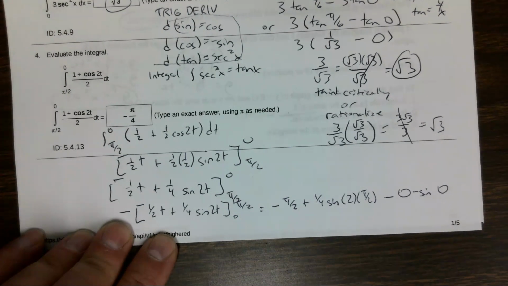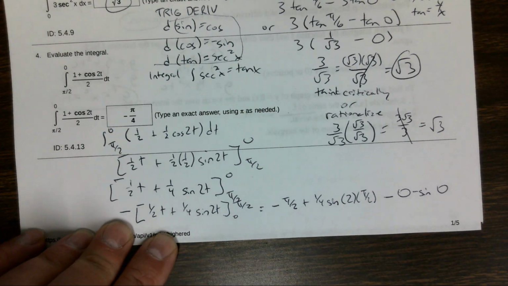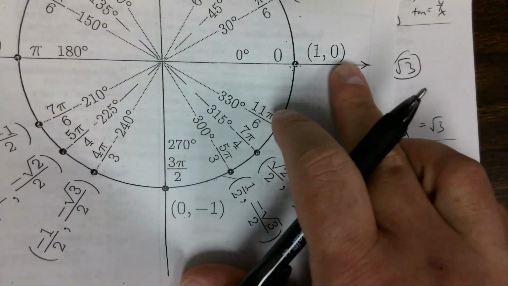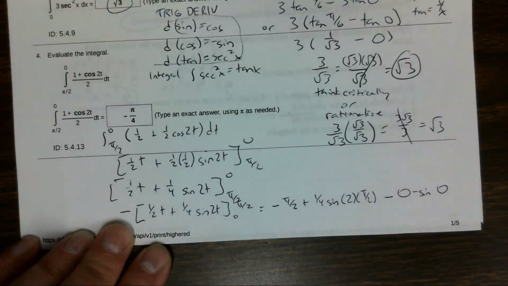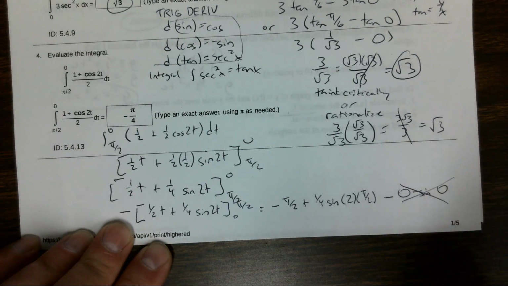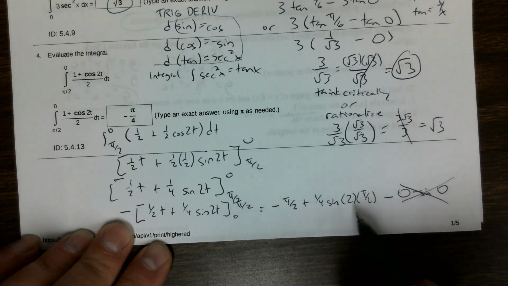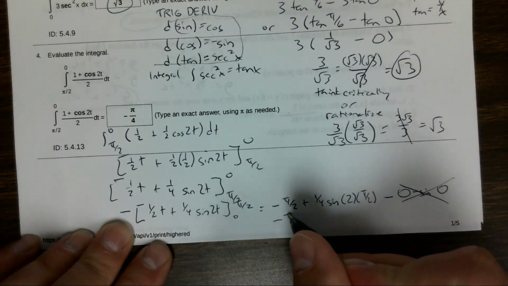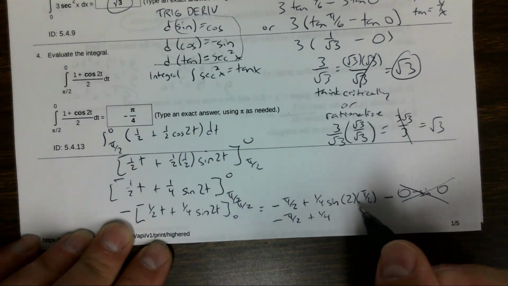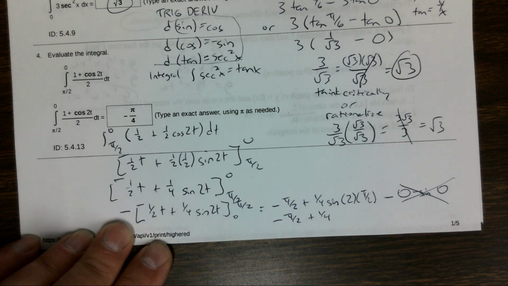So first off, the sine of 0 really is 0, because the sine is the y value. So that's really going away. And if you're saying negative pi halves plus 1/4, okay, sine of pi is 0.